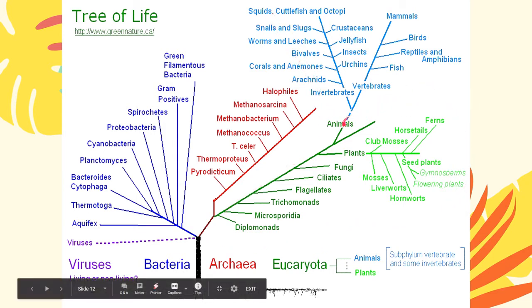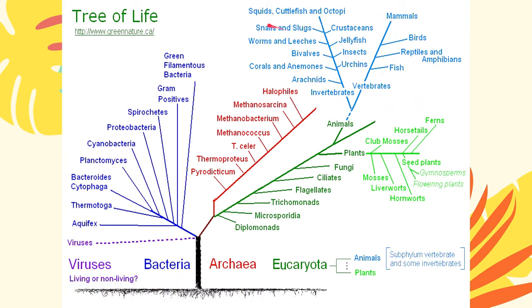So you have your plants here, you have your vertebrates and invertebrates. So these are the major groups of organisms, and they share common ancestors with each other. So wherever you find this area of the tree of life, it means that all the organisms here share a common ancestor at this point. So of course, this one is a simplified tree of life.